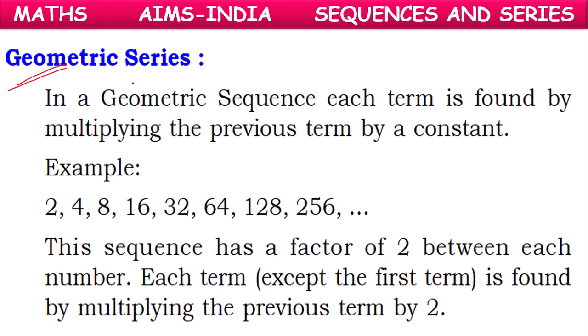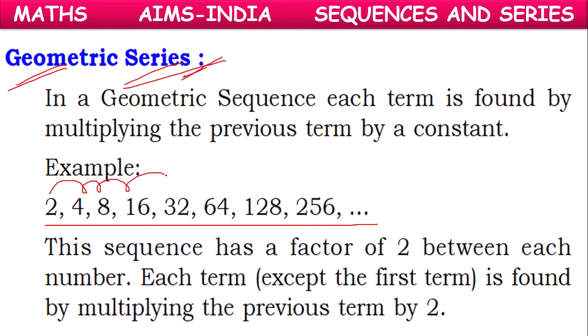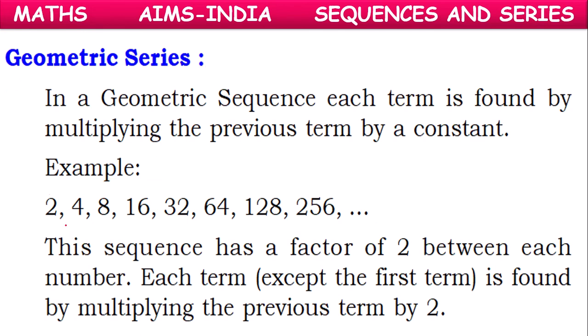So next we have geometric series. Suppose you see this sequence 2, 4, 8, 16, 32, 64. 2 plus 2, 4, 4 plus 2, 6, not 8. So there is no common difference between the terms. But by observing the terms, one pattern will be visible to you.